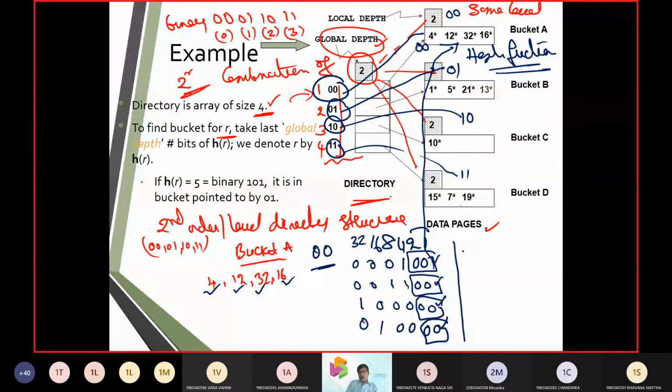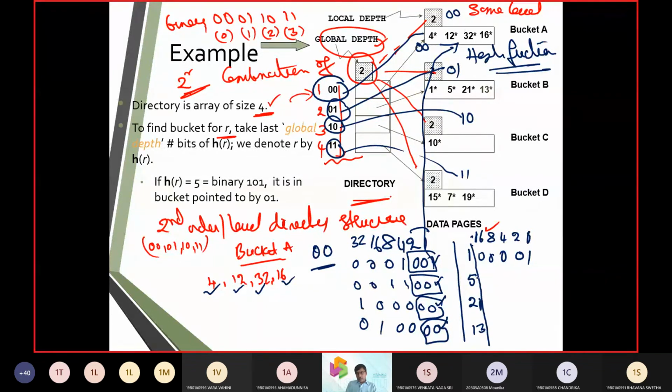Okay. Now let us verify for 1, 5, 21 and 13. Again 8, 4, 2, 1, and I can write 16 also here. How can I write 1? As 1, with the remaining positions zeros.